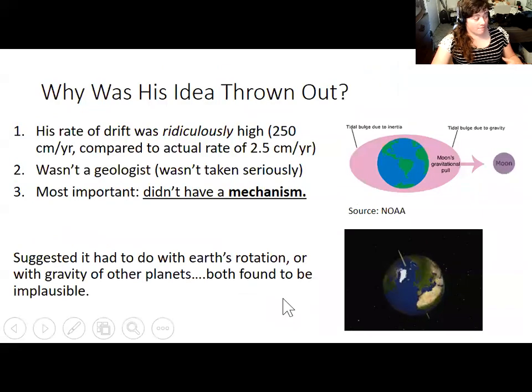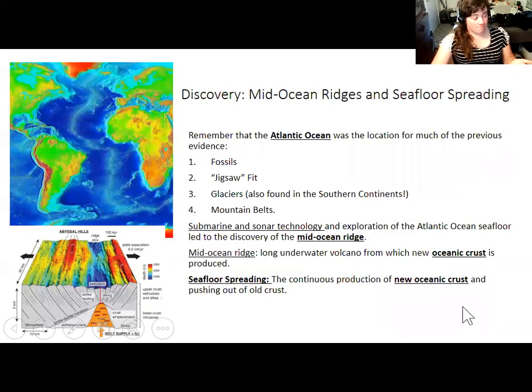The idea of continental drift was thrown out for a long time because there was basically no mechanism that he could come up with to explain it. And this was actually before the mid-ocean ridge was discovered. So the mid-ocean ridge is an underwater volcano, and it's actually a plate boundary.